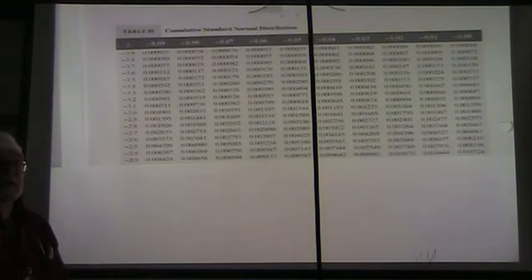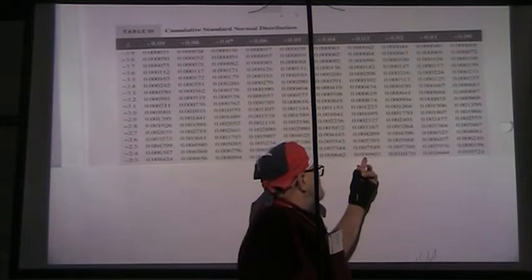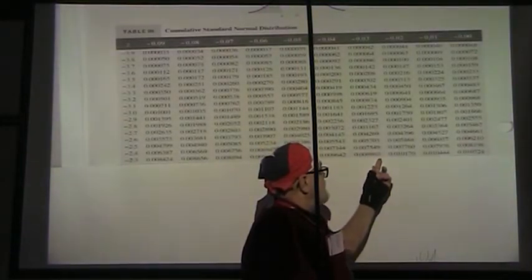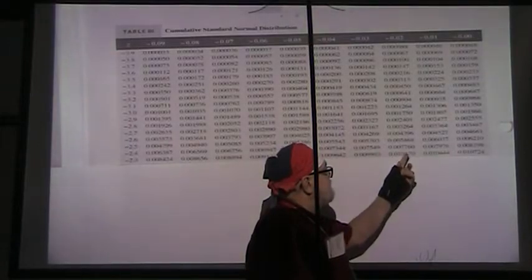Then I'm going to say, all right, what is the probability on my chart here that is the closest one to 0.01? All right, well, I've got two really good candidates right here: 0.009903 and 0.010170.